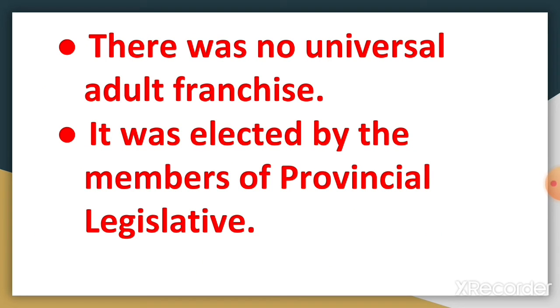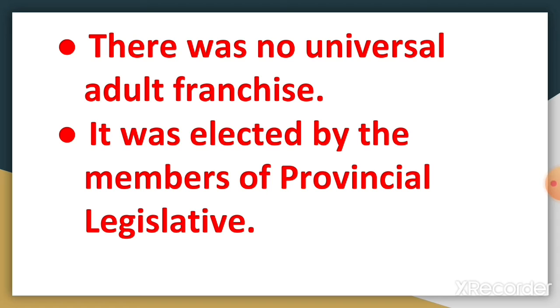The Constituent Assembly represents, yes, the people of India, you, me, everyone. There was no universal adult franchise at that time. So the Constituent Assembly could not have been chosen directly by all the people of India.